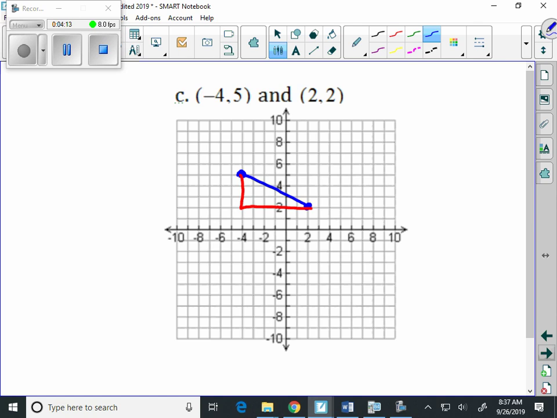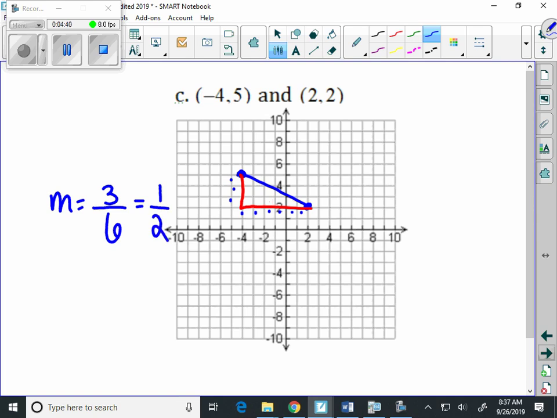Slope is defined as rise over run. We've got 1, 2, 3, and then 1, 2, 3, 4, 5, 6. I believe that the OST is fine with 3 over 6. Perhaps you wrote 1/2.